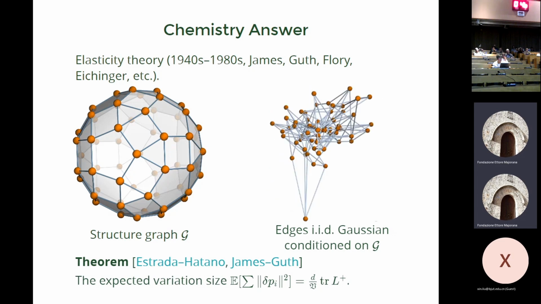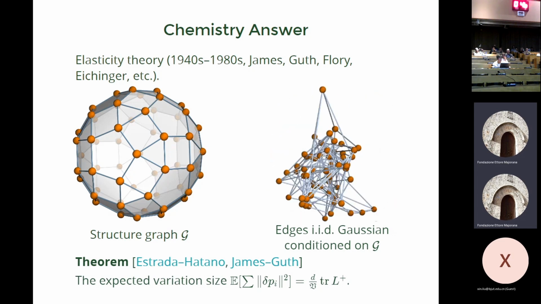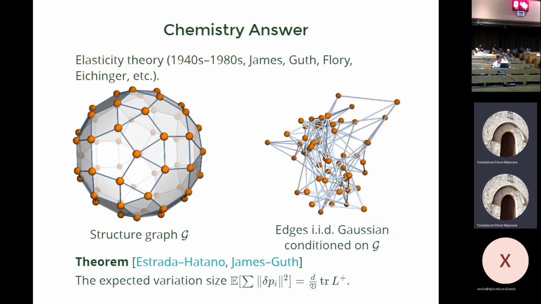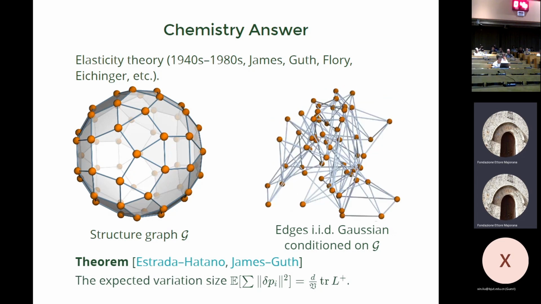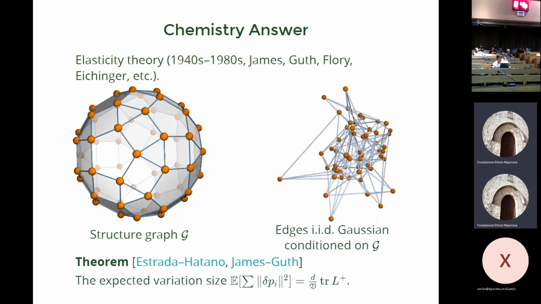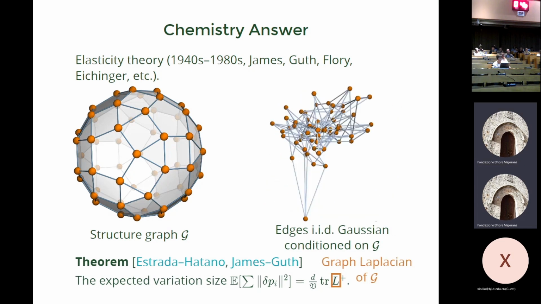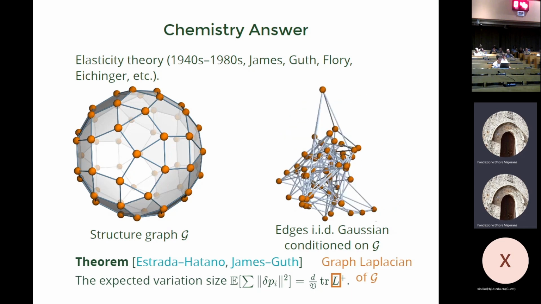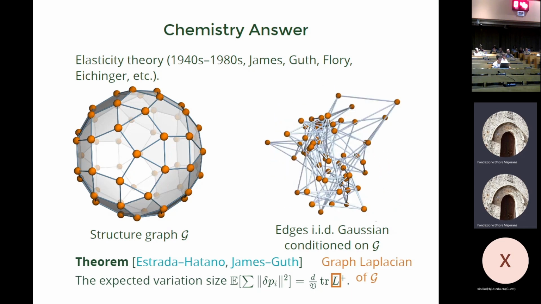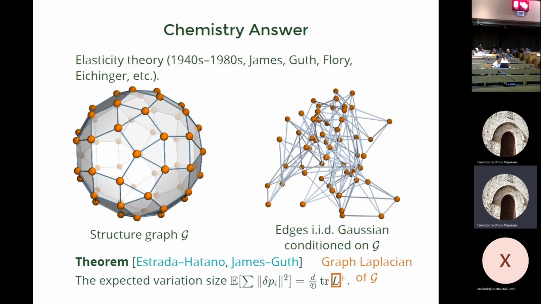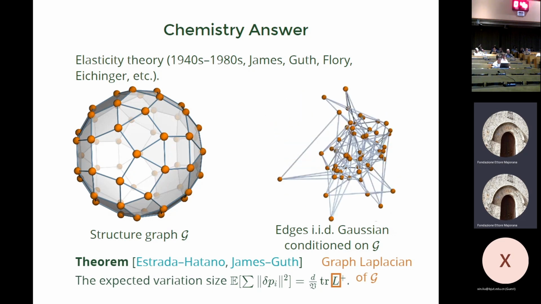So usually D is going to be equal to 3, but it doesn't have to be. And then this V is going to be the number of vertices in my graph. And then this L is this matrix called the graph Laplacian, which is a matrix you compute, for example, from the adjacency matrix of the graph.